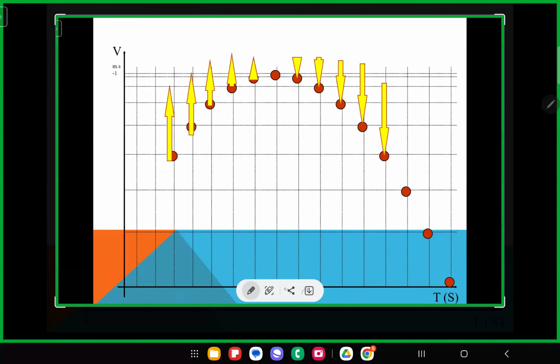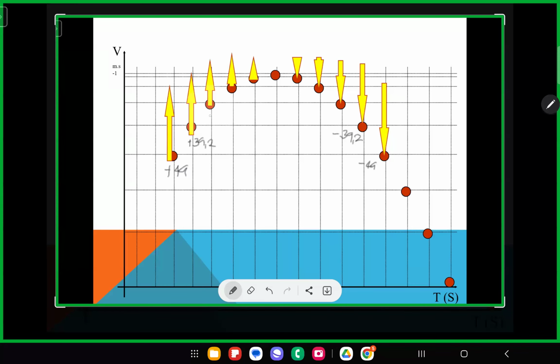In other words, if it's plus 49 here, it's minus 49 there. If it's plus 39.2 here, it's minus 39.2 there. In other words, at the same displacement position, you have the same magnitude of your velocity, but it's in the opposite direction.